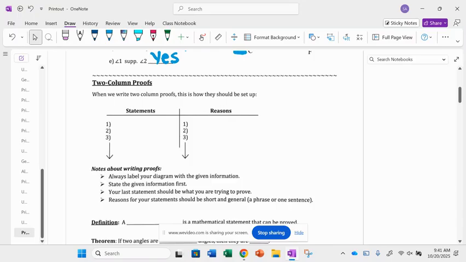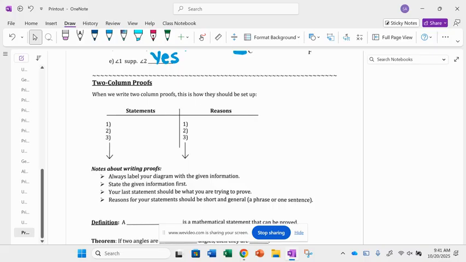All right. So we are getting into our proofs. And the way we write proofs in this school is we use a two-column statement-reason proof. And every statement will have its own corresponding reason. Now, every reason is either going to be a definition, a theorem, or a postulate, and it's going to be very generalized.